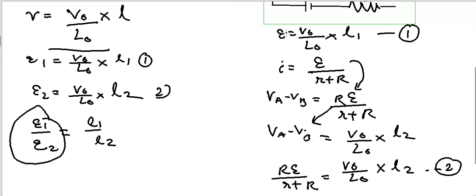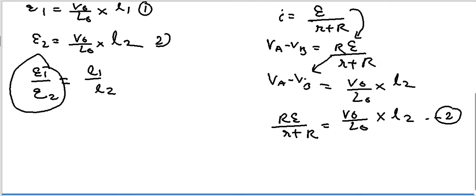If I divide equation 1 by equation 2, the V naught by L naught and V naught by L naught will get cancelled, E and E will get cancelled. Just dividing 1 and 2 and simplifying, what we will get is R by R plus R will be equal to L2 by L1.